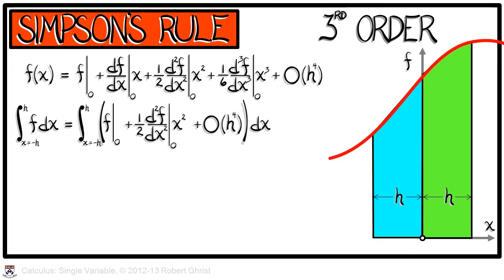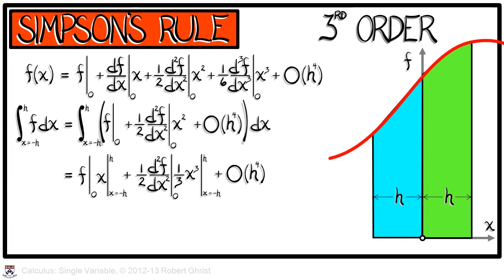Well, the first term is a constant, f evaluated at 0. That integrates to that constant times x. The second term has an x squared in it. That integrates to x cubed over 3 with the constants out in front. The error terms, big O of h to the 4th, when we're integrating from negative h to h, still give us something that is in big O of h to the 4th.